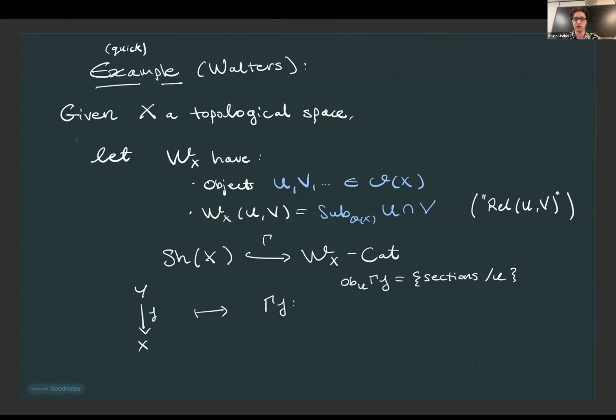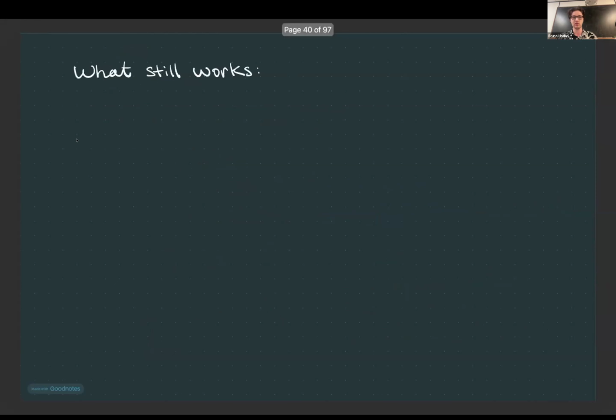And I get the WX category whose objects over U are sections over U. And then if I have an object over U and an object over V, I need a hom one cell from U to V. So it needs to be a subobject of U intersect V, and it's going to be the collection of all points where the restrictions agree. This is really not at all relevant for the rest of the talk. I just wanted to give you an example of how this works and convince you that you can get things that you really wouldn't expect to turn up as enriched categories.